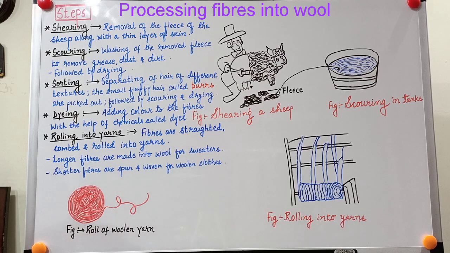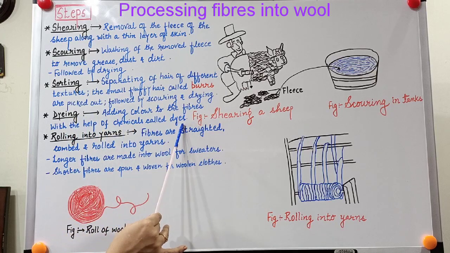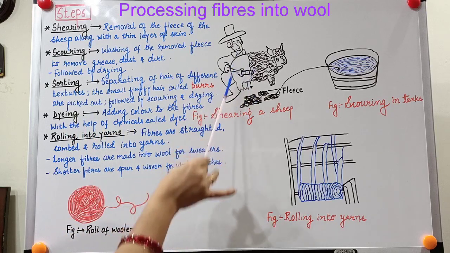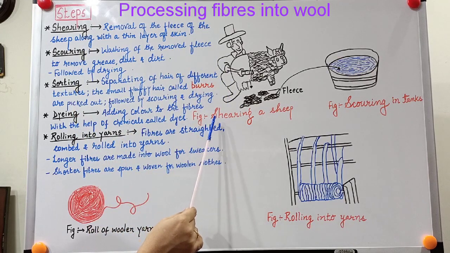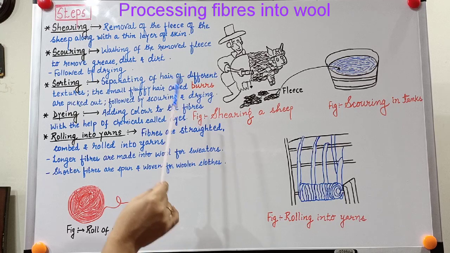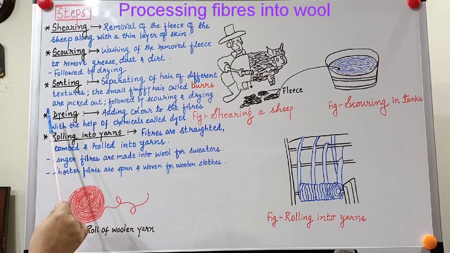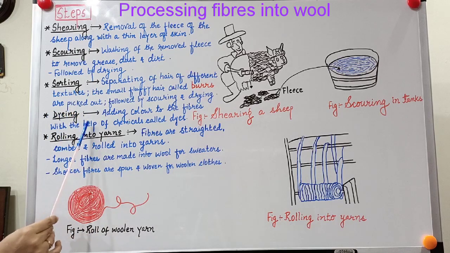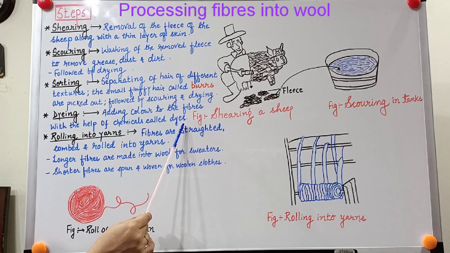So, to get those colors, what is needed is adding color to the fibers with the help of chemicals called dyes. These sorted fibers are put into a solution of dye, and that dye gives the color to the fibers, and this process is called dyeing.